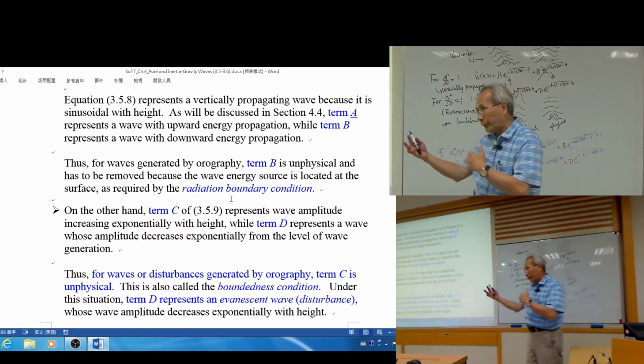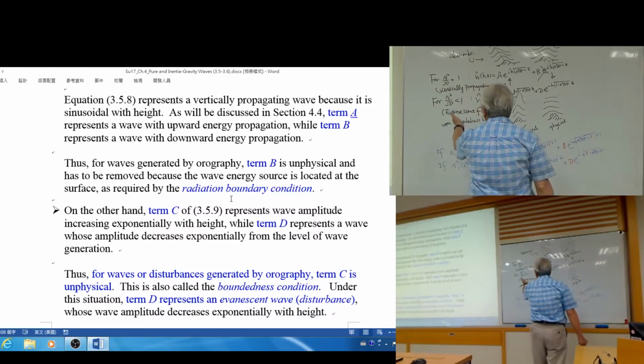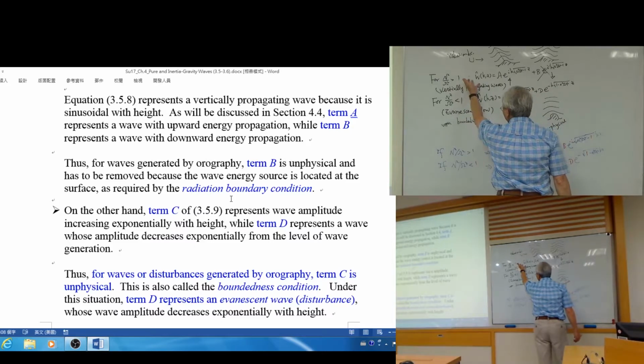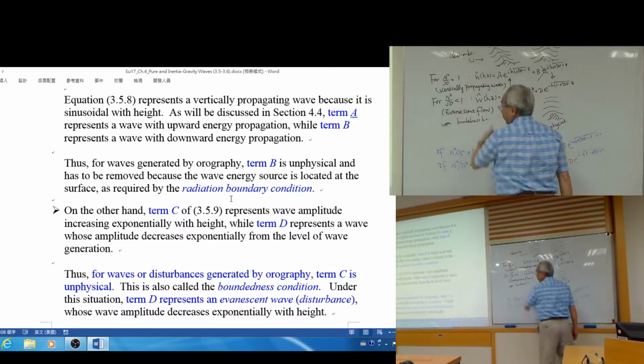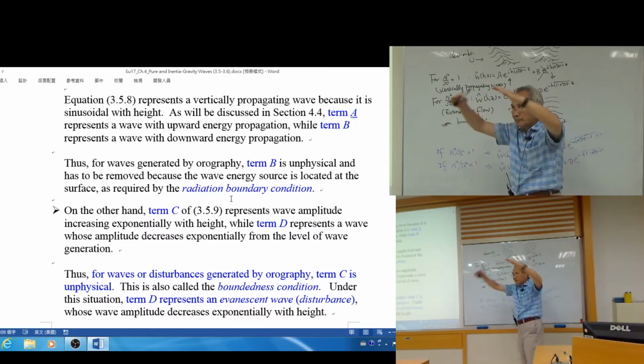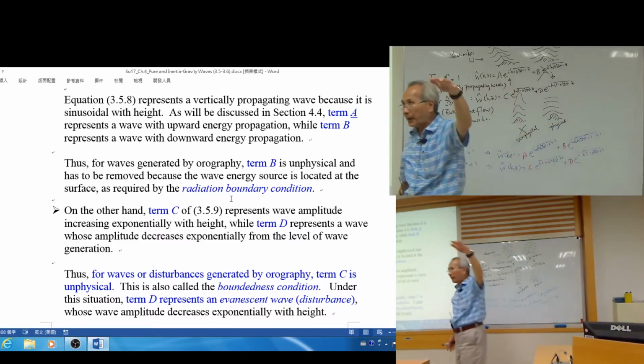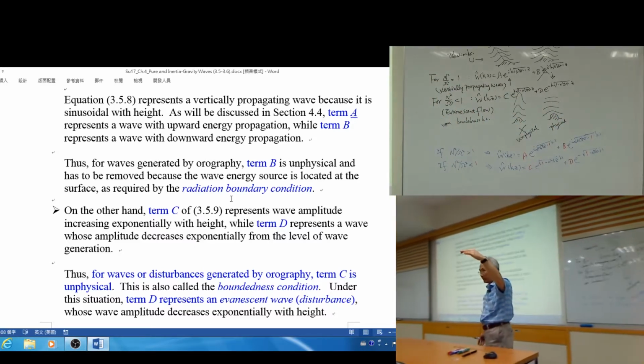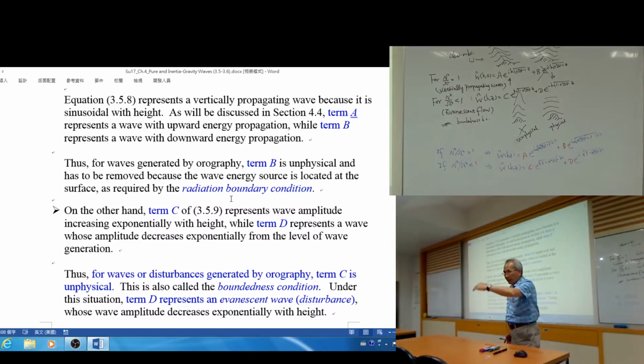One question is, how come in this regime the wave can propagate upward? How come here it eventually becomes a minimal disturbance? The wave amplitude decreases with height. How come?